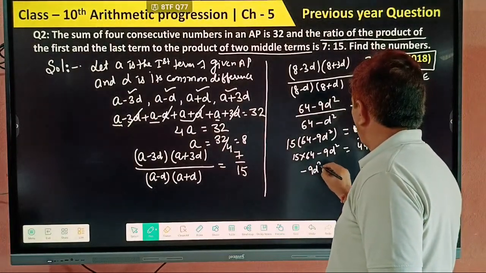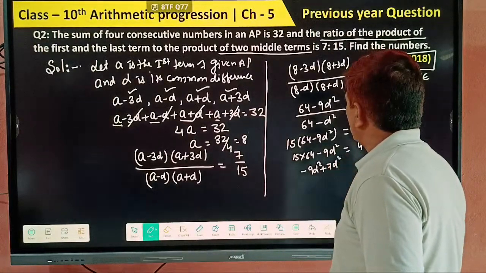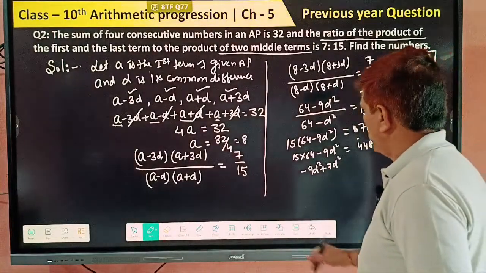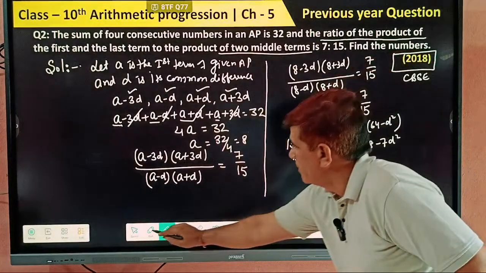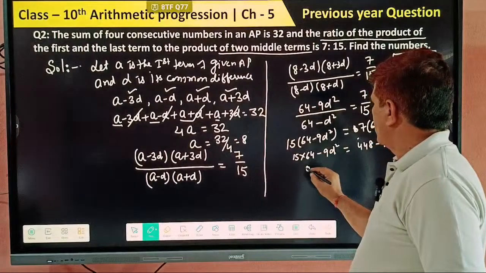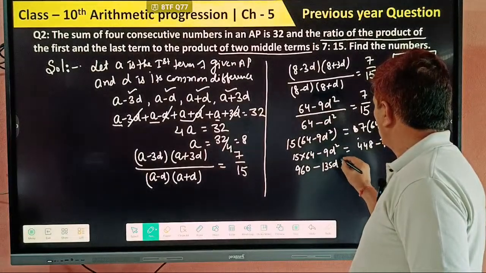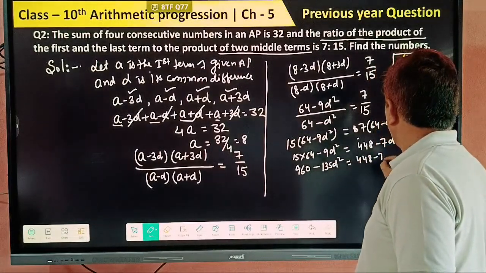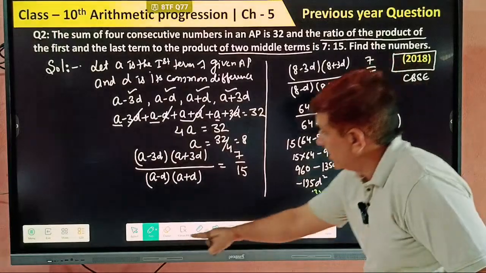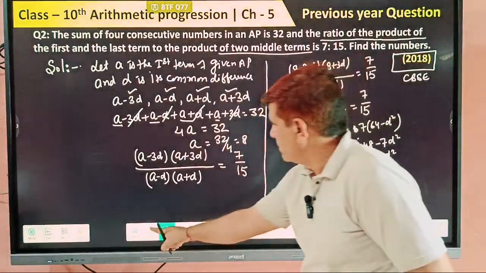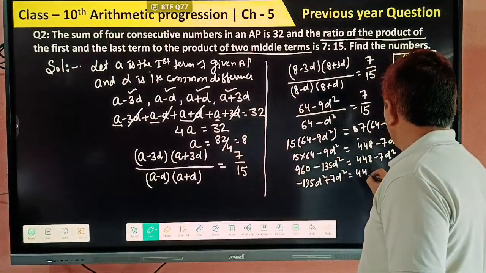Minus 9d square plus 9, 7d square. Bringing this to this side, 135d square plus 7d square is equal to this.